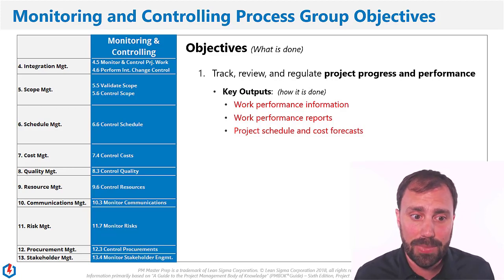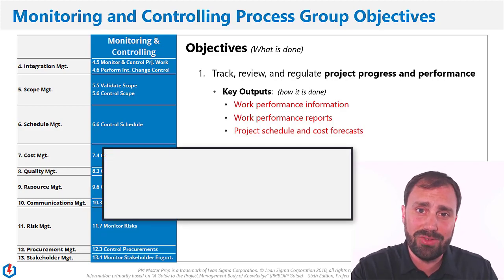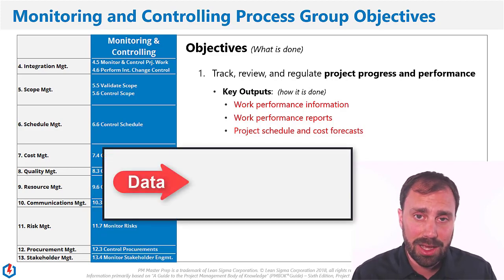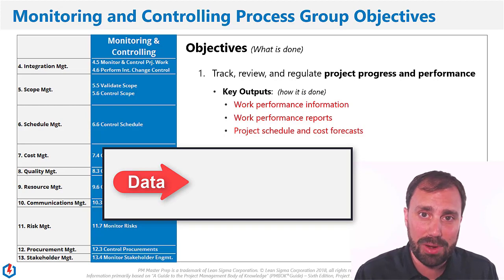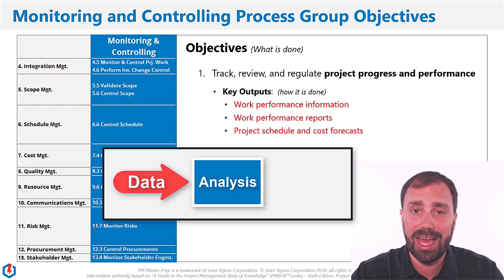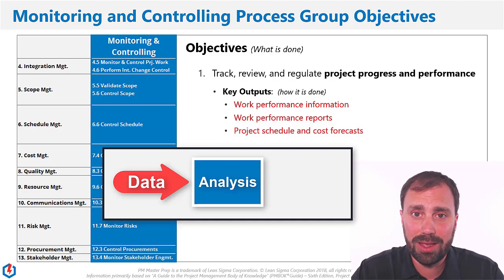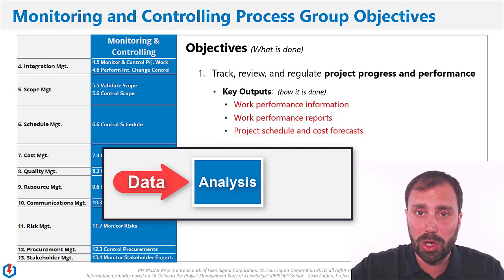What is happening? And the way in which we do that inside of each one of these processes is we take raw data, just basic facts about where we are right now, what's happening. We evaluate that using different types of analysis techniques inside each process. And we say, how are we doing in reference to our baselines and our expectations? Okay. At any time as we go through the project.